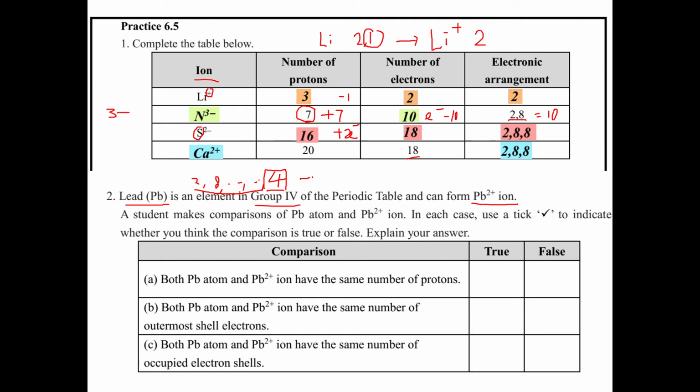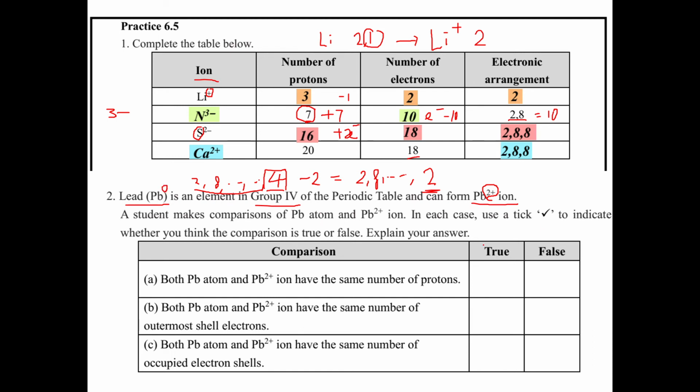For the electronic configuration of lead-2, something like 2, 8, 18, you don't know well, but the last one should be 4 minus 2, which is 2. The outermost shell must be 2 because it becomes 2 plus from lead 0.